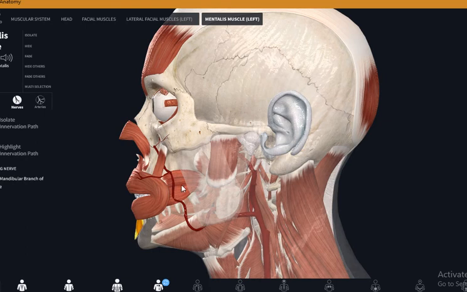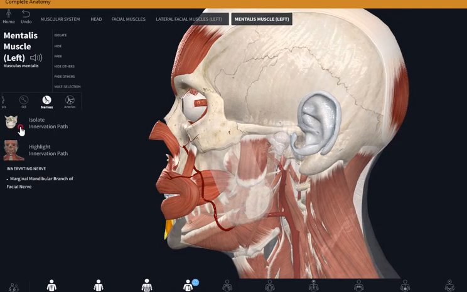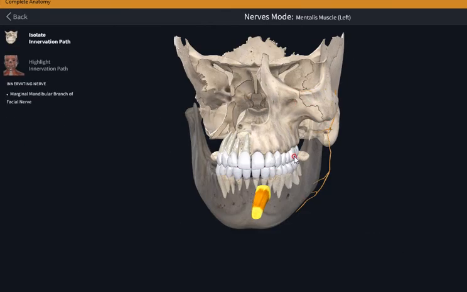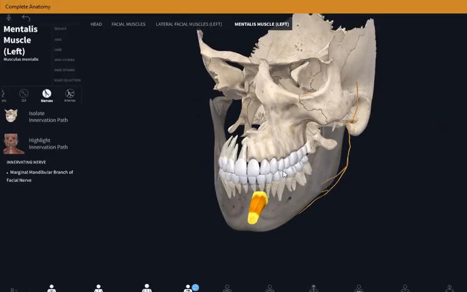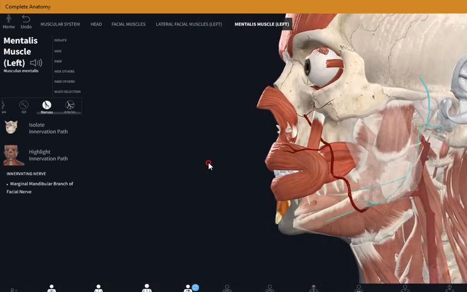Then, since it's located close to the nose, the mouth and the mandible, it's going to receive nervous supply from the zygomatic branch of the facial nerve, the buccal branch, and the marginal mandibular branch. So we see that it's going to receive from all of them. It's not this muscle, but instead the buccinator.